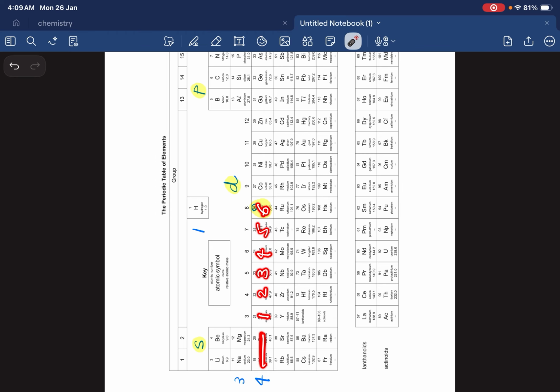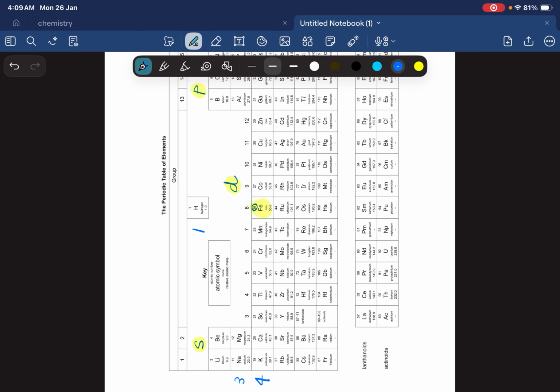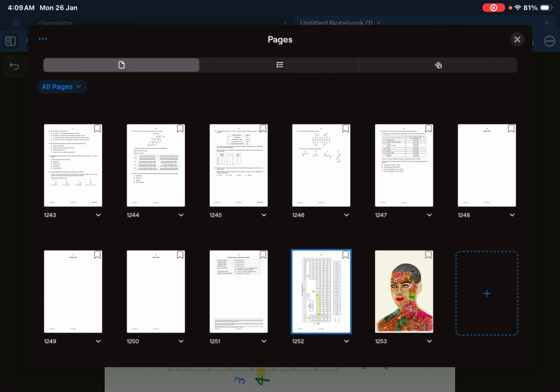So it's 4s2 and 3d6. Because over here, for the D block, there's a 3, over here there's a 4, over there's a 5, so it goes on like this. So this one basically is 3d5 and 3d6, and this one's 4s2. That's how the electronic configurations work out.